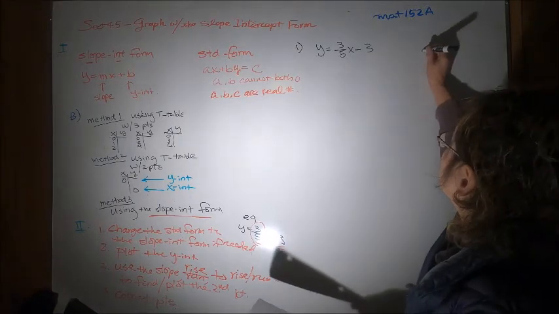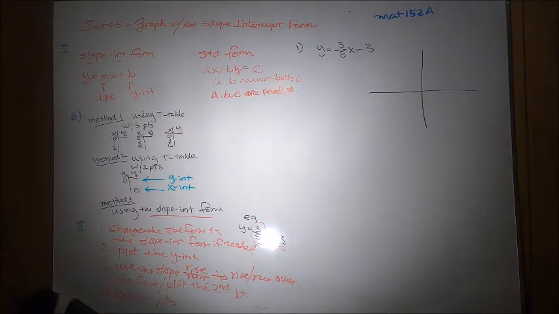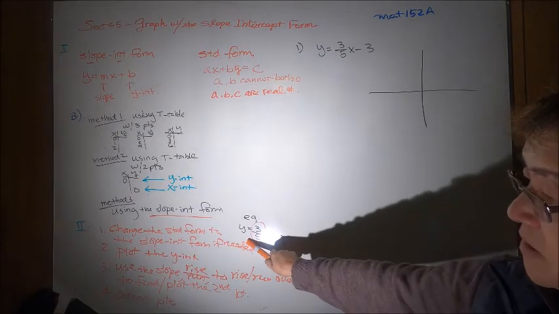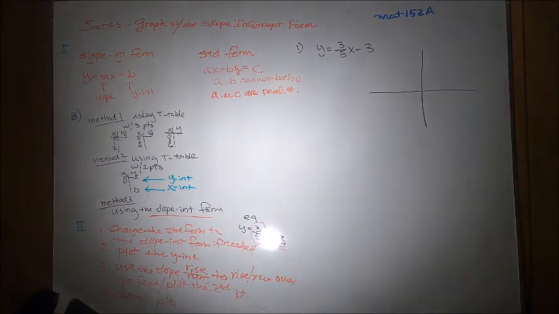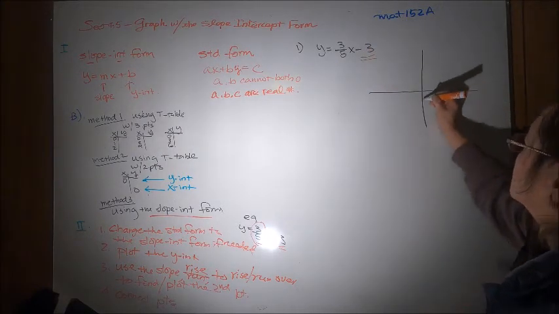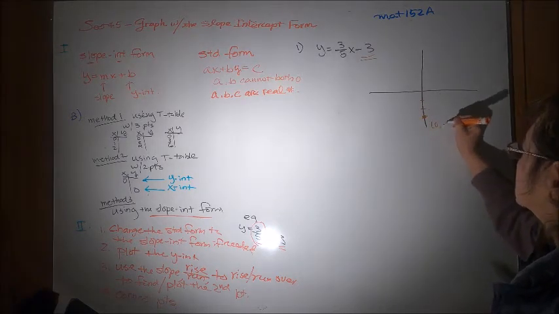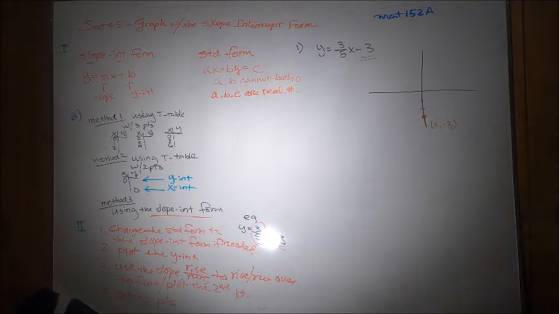Yes, we do. So how should we start? It says if you have slope-intercept form, then you plot the first point, the y-intercept. So what's your y-intercept? -3. So you have here 0, -3. Is that right?